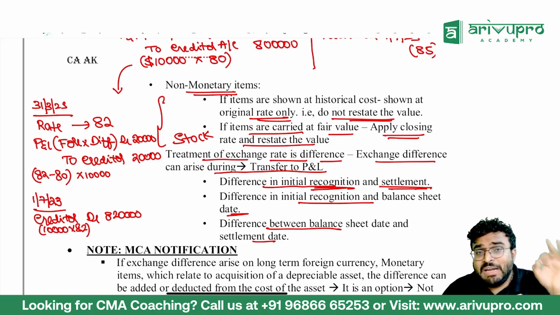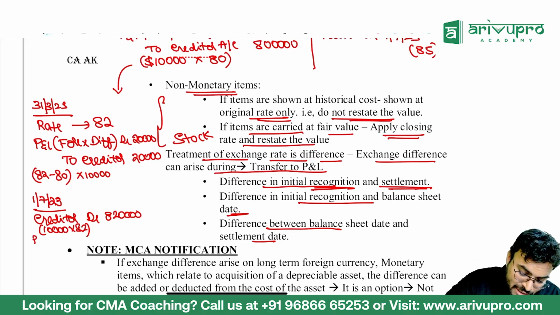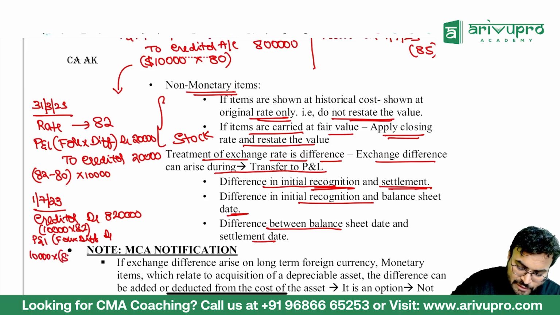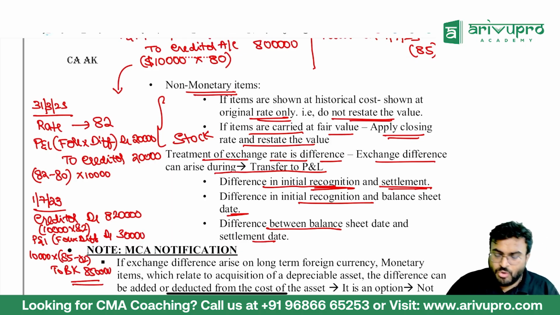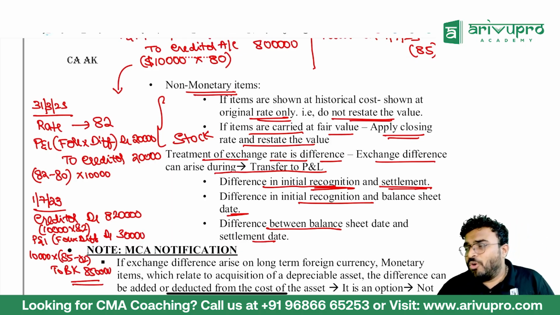But you have to pay at 85 today. So there is an extra loss again: P&L forex difference debited $10,000 into 85 minus 82, that is 30,000, to bank account 8,50,000. I hope it is clear.